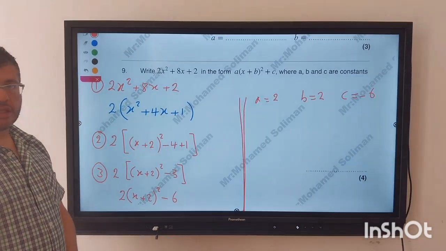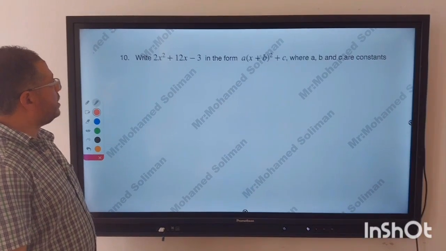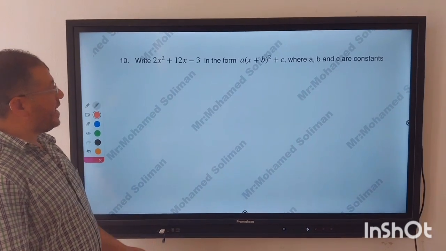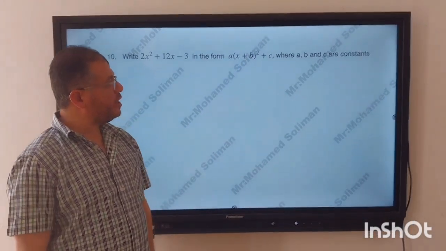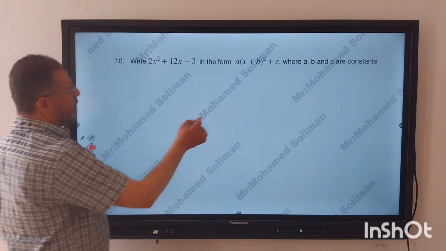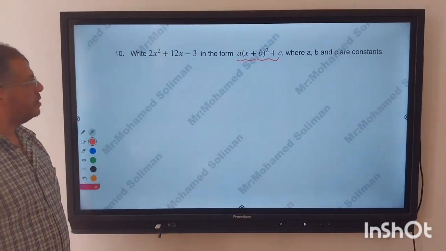And that's it. Let's see another example. Question number 10. Write 2x power of 2 plus 12x minus 3 in the form of A times x plus b power of 2, plus c, where a, b and c are constants. As I told you before, when you have this form, it means that we have to complete the square.